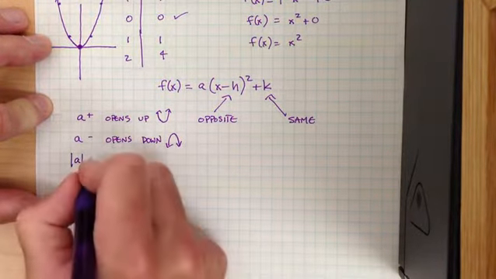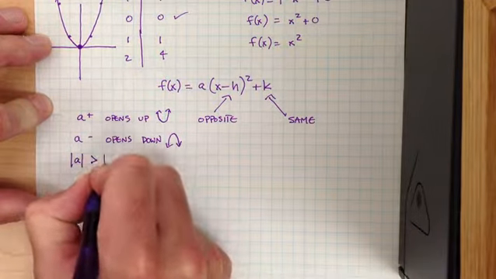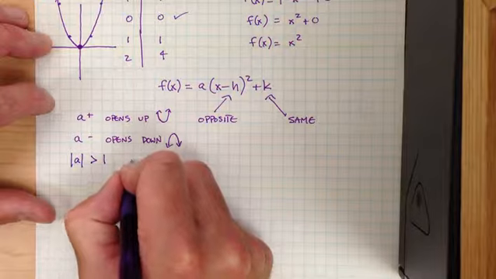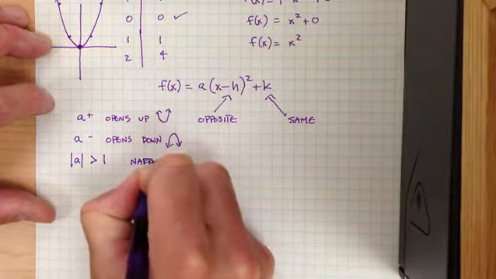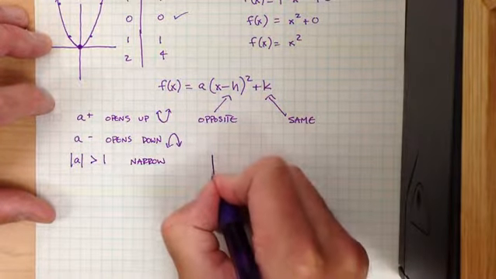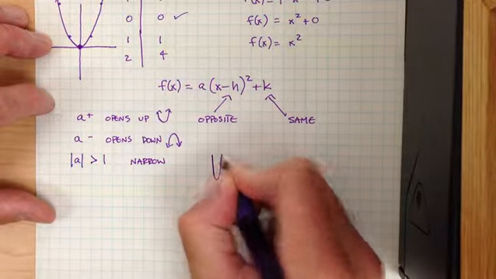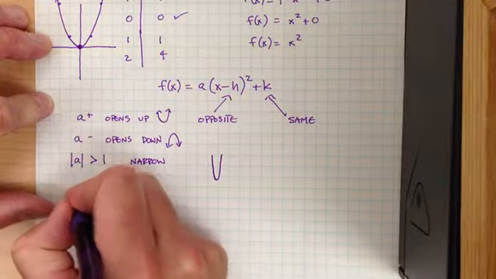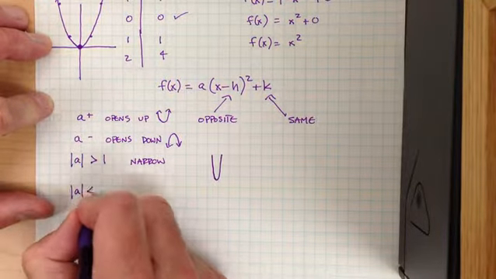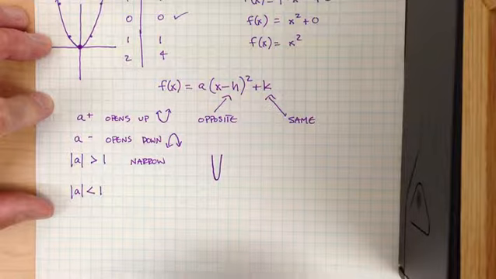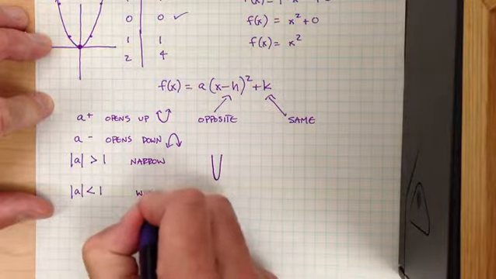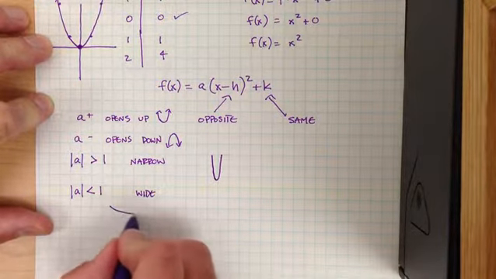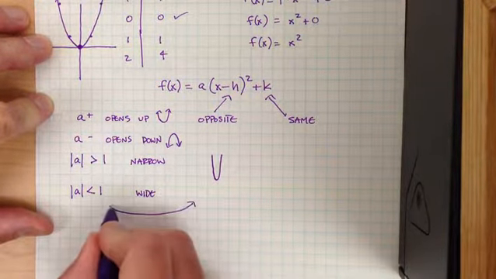If the absolute value of a is greater than 1, larger than 1, our parabola will be narrow. Looking something like that. If the absolute value of a is less than 1, our parabola will be wide and flat. Something like that.